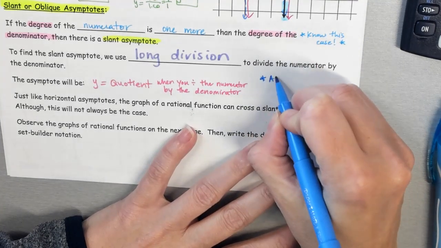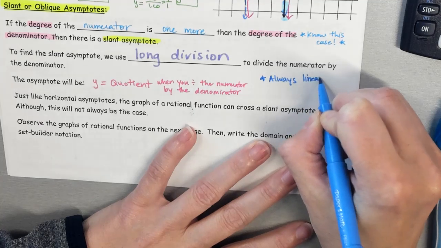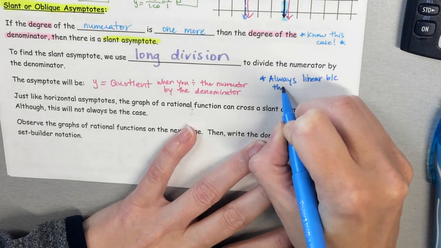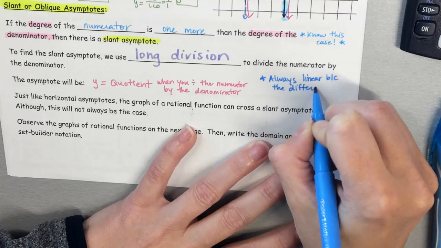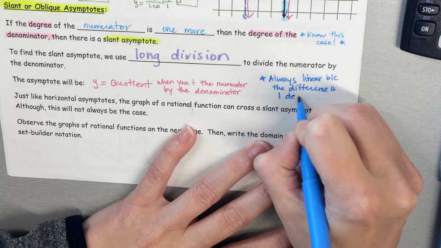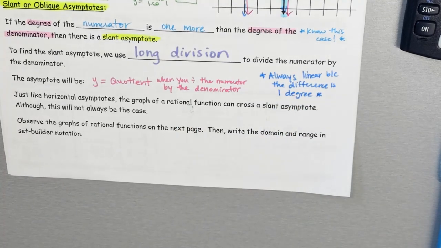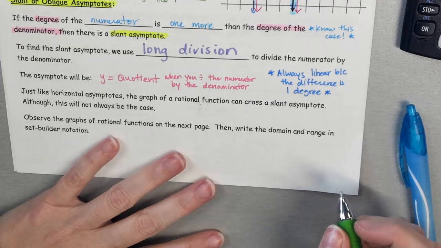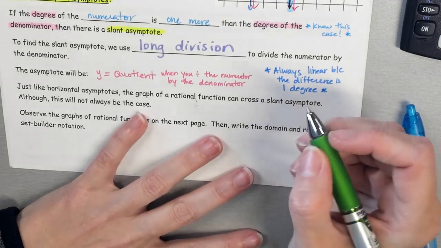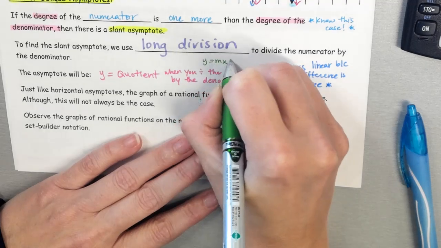So it's always linear because the difference is 1 degree. That means if it's linear, you are going to be writing this in the form y equals mx plus b.